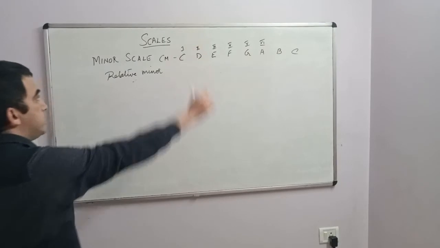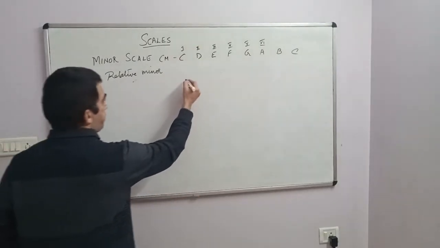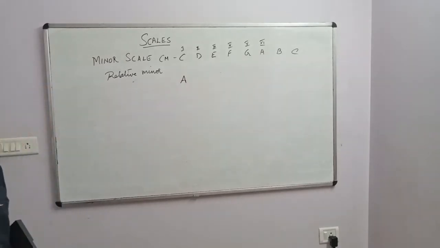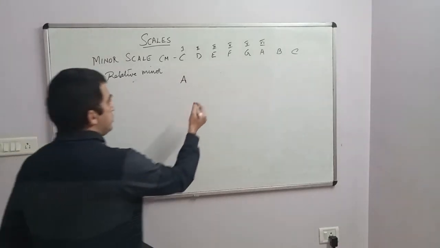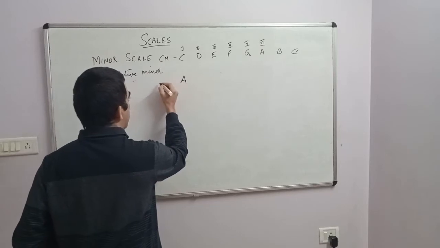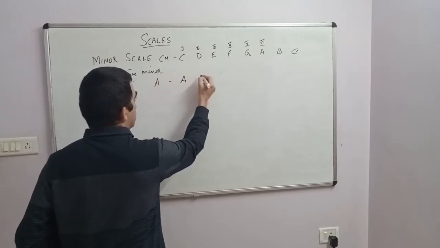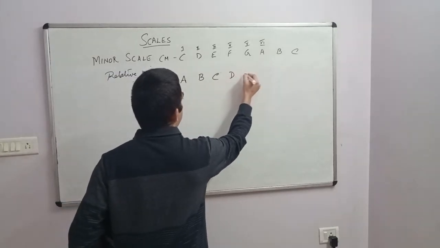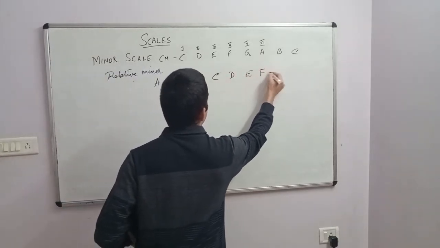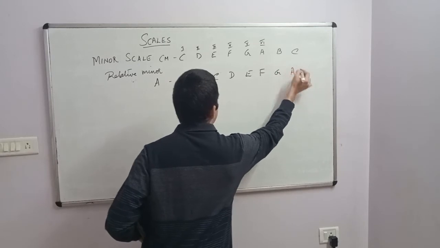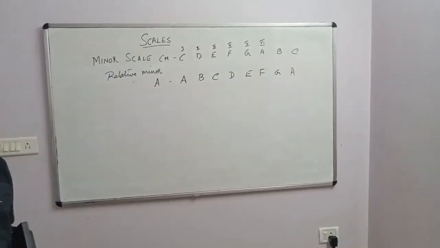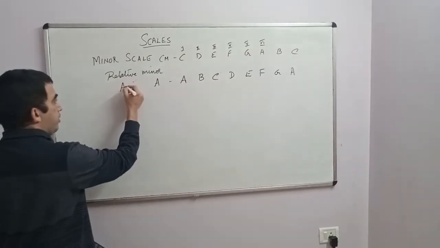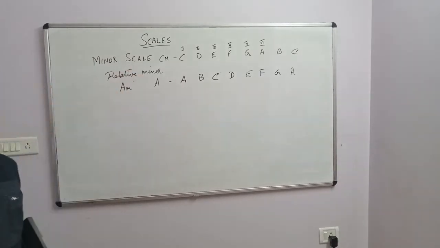Okay. So the sixth note is A. Alright. So what we do is we start the new scale from the sixth note and use the same notes of the relative major. So this becomes the A minor scale.